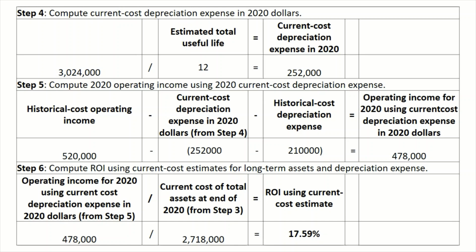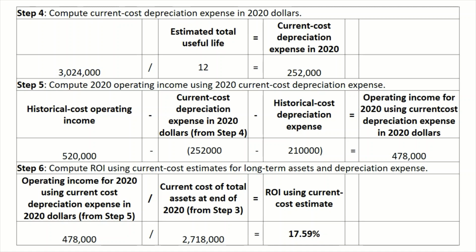Well, according to our example, it is 3,024,000 divided by 12, which equals 252,000 current cost depreciation expense in 2020.